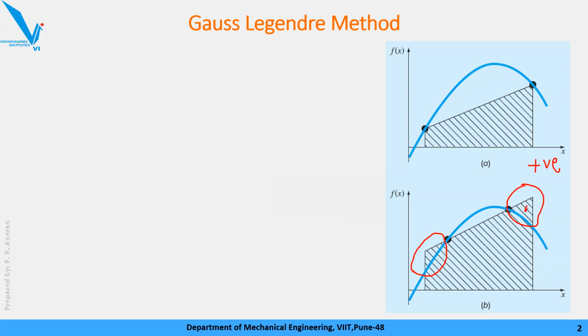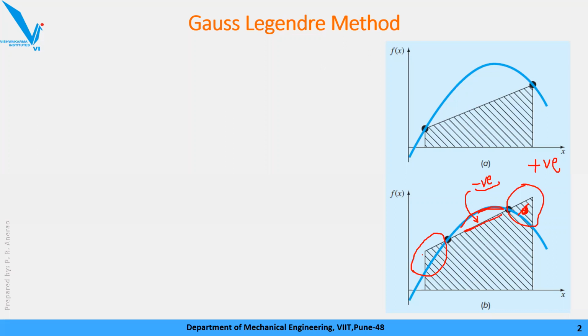This area is added extra because it is out of the curve, and this blank space is a negative error because the actual area is this big, okay, but the area calculated is less than that, so this amount is a negative error.